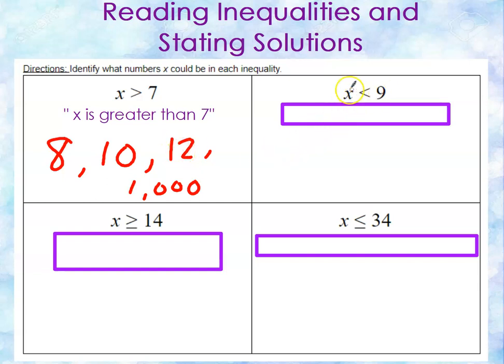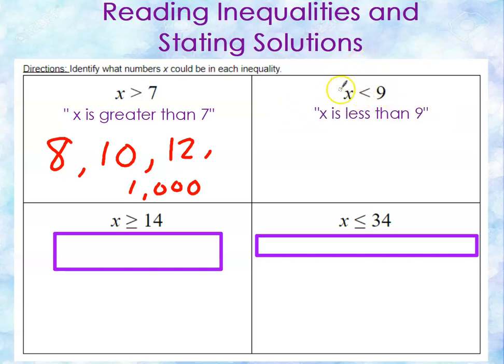The way we would read the next one is x is less than 9, because the smaller side is at the x. The bigger side is opening to the 9, so that means x is less than 9. If x is less than 9, that means x could be 8, it can be 7, it can be 4, it can be 0, anything less than 9.